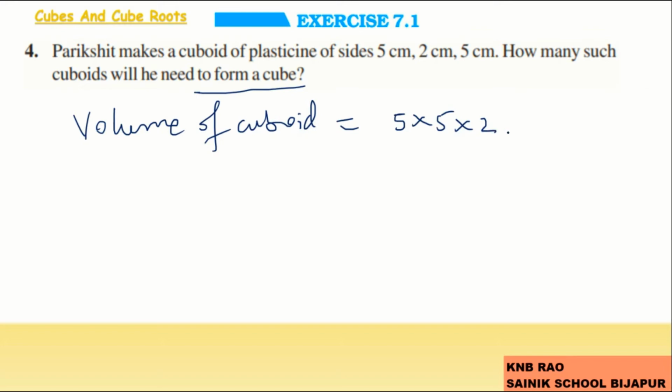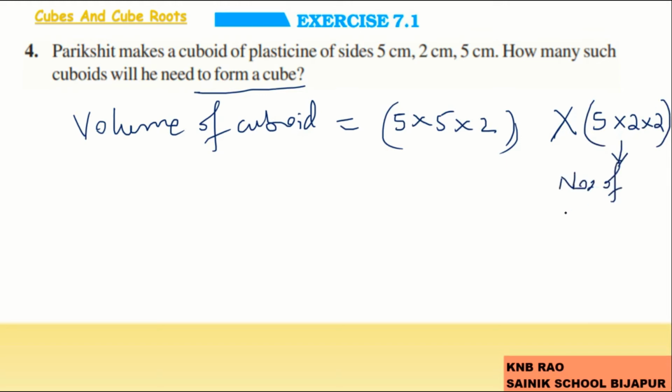To make it a triplet form, we need this to be multiplied by 1 more 5 and 2 for twice. That means this product gives you the number of such cuboids required.